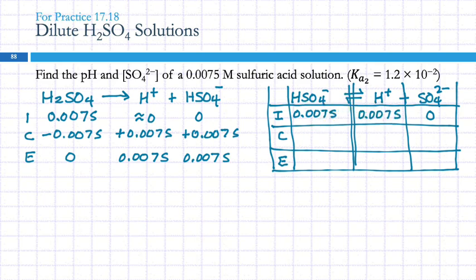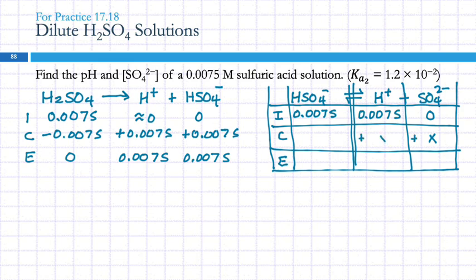It's not going to go as far as it would if it started at 0. It can't start at 0 because there's hydrogen ions that came off before this even got to do anything. So this one is 0, and so that one can only go up, so this side must be plus x.